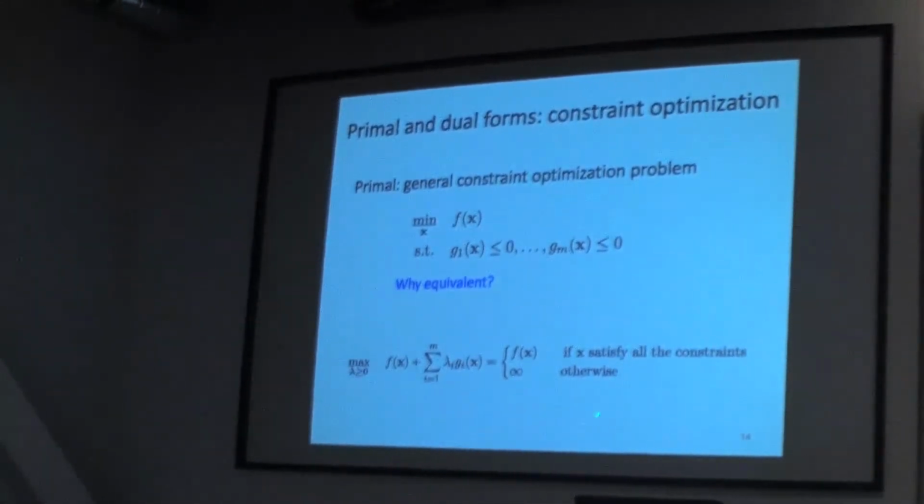So that means if your x from the outer level violates any of those constraints, then when you maximize the Lagrange function with respect to lambda, you will end up with infinity. Remember, we're doing minimax. In the outer level, we want to minimize the whole value, and of course, we do not want to get infinity. Those x which lead to infinity in the inner maximization result will be excluded.